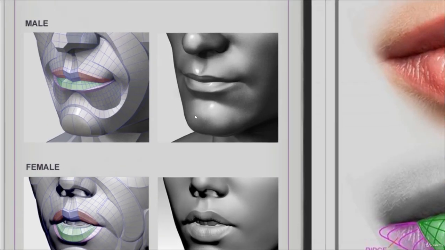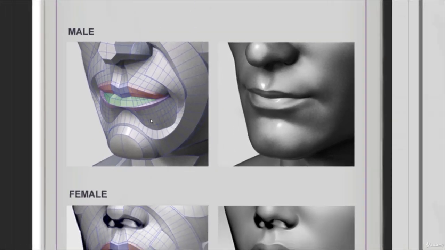And note this lower region here, the shape for the chin.